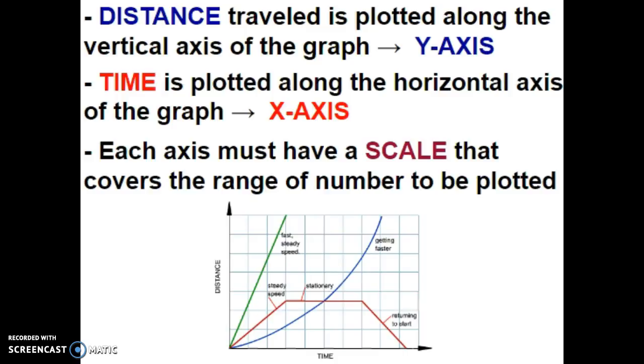Same thing for an hour or a month or a year. And the distance is going to be your dependent variable, so the distance traveled will change over time. Remember, all graphs have to have a scale that covers the range of numbers to be plotted.